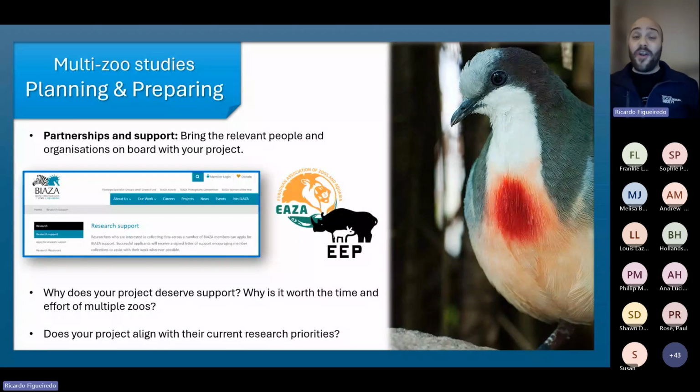So what's very, very important to try and avoid those potential challenges the best we can is to plan and prepare in the best way we can. And something that is very, very important to consider from the start is partnerships and support. You need to bring on board with your project all the relevant people and organizations that will be able to support that project.